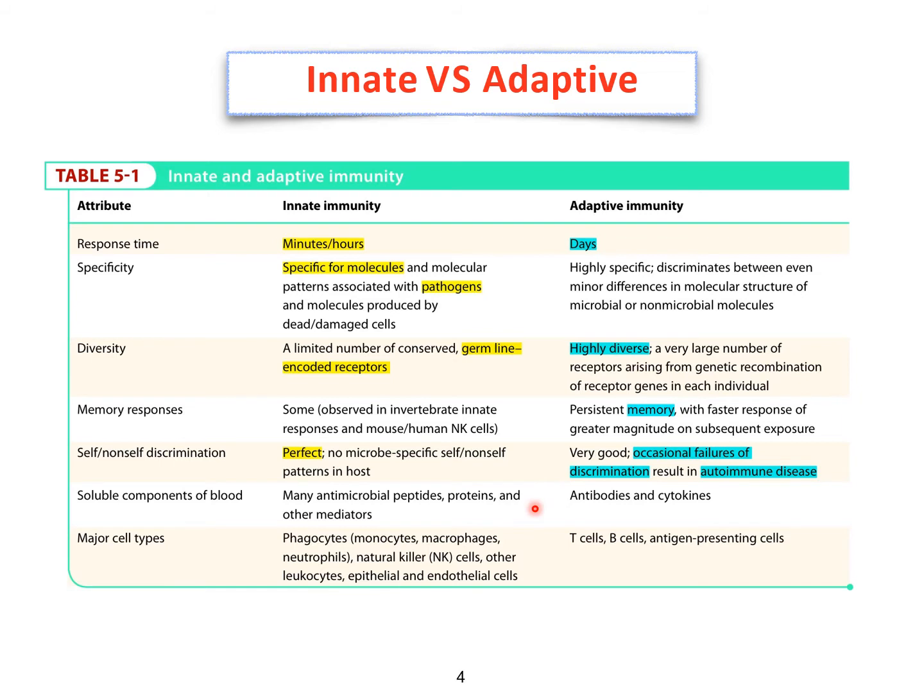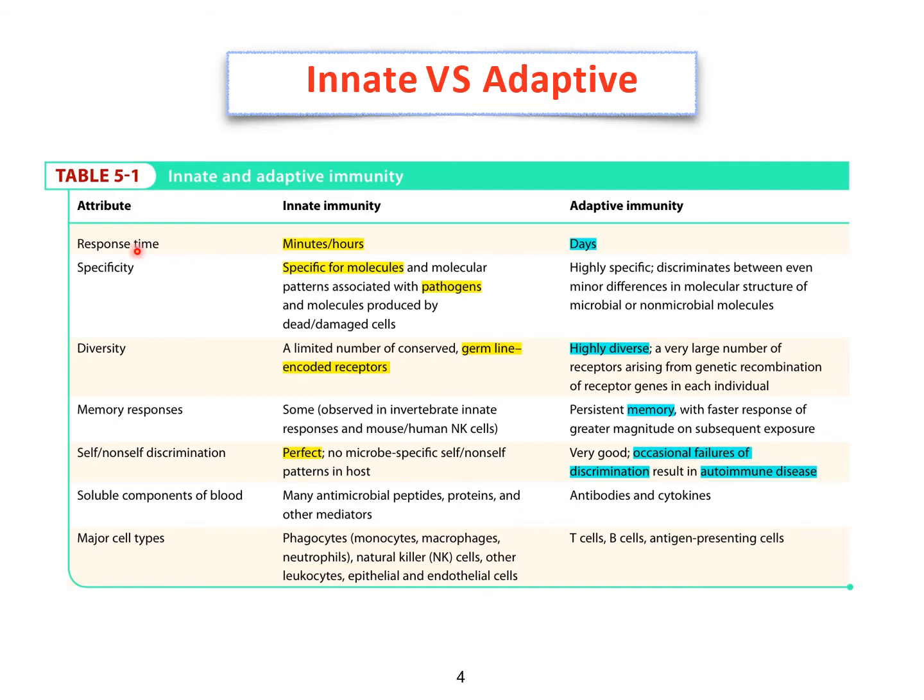And many soluble components of blood are antimicrobial peptides, proteins, and other mediators in case of innate. And in adaptive, there are antibodies and cytokines. And major cell types in innate are phagocytes, natural killer cells, other leukocytes, epithelial and endothelial cells. Whereas in adaptive, T cells, B cells, and antigen presenting cells are the major cell types.